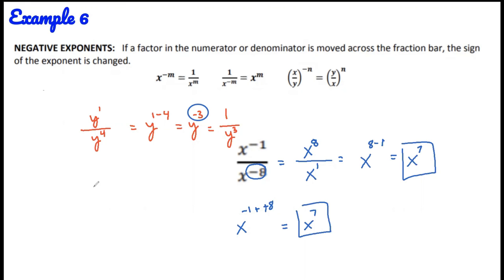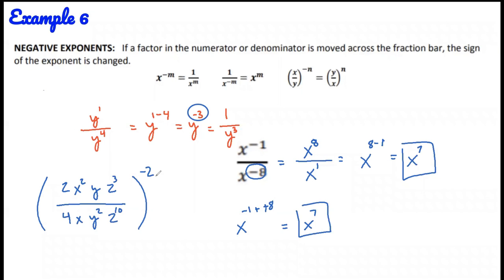So one of the examples that you're going to see on your homework is, for example, let's see, 2x to the power of 2, y, z to the power of 3, all over, let's say, 4x, y to the power of 2, and z to the power of 10, all to the power of -2.